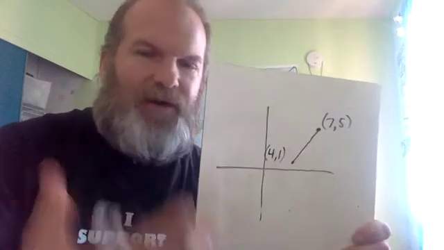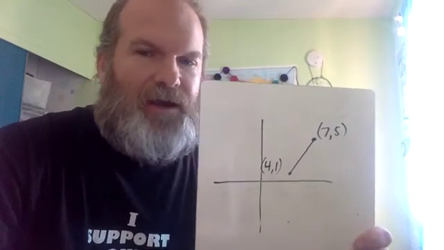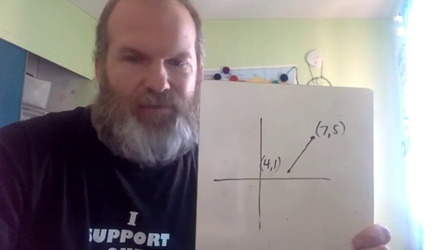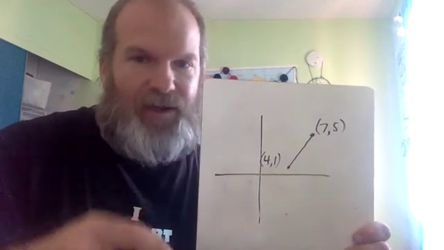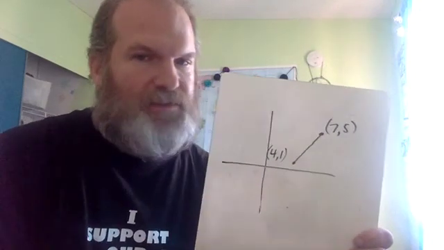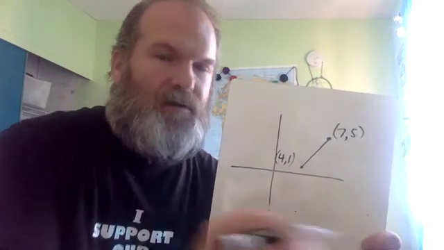So we just have to figure out what are the legs of this triangle, what are the 2 straight sides, and it's kind of like figuring out slope. You're just counting how far over and how far up and down to get from one point to the next. So let's go straight across first. How far is it to get from 4, 1 all the way over so that you're right below 7, 5?